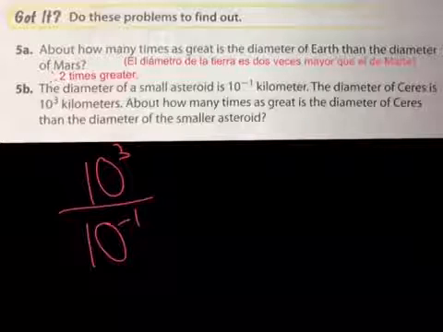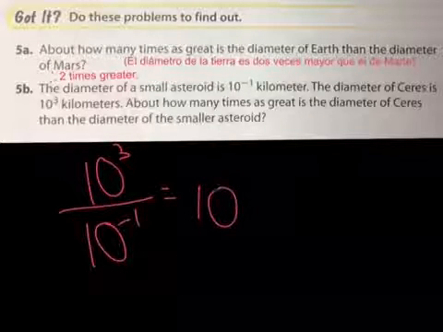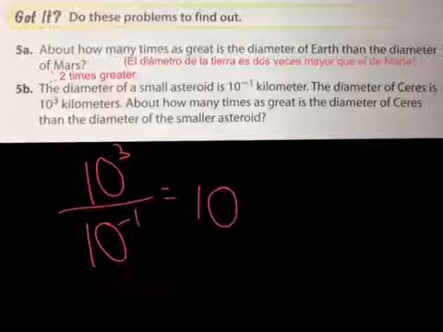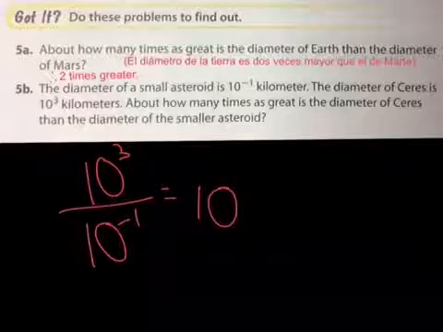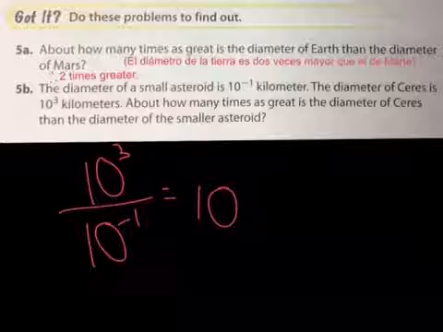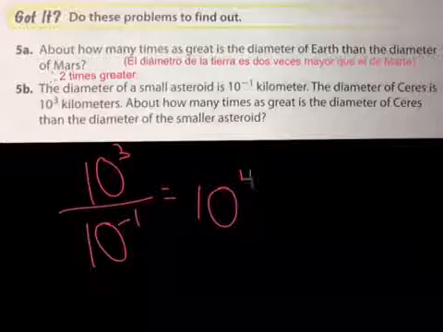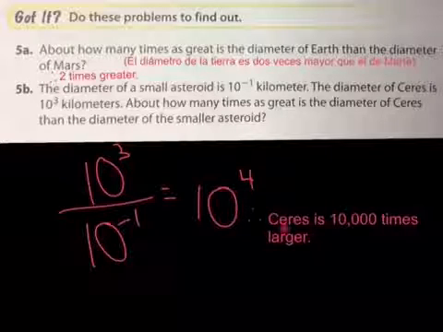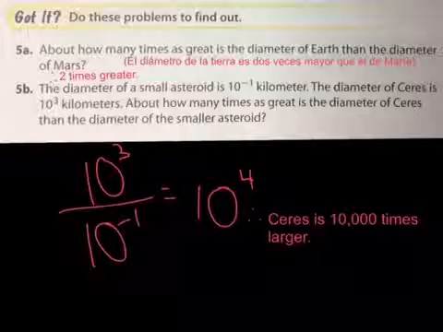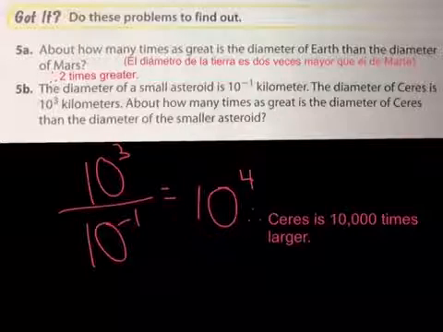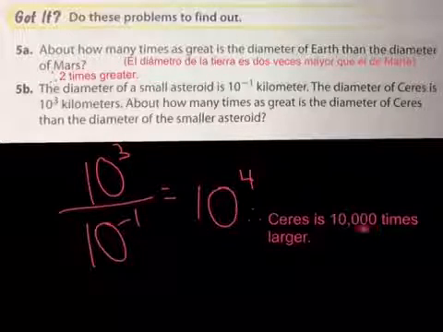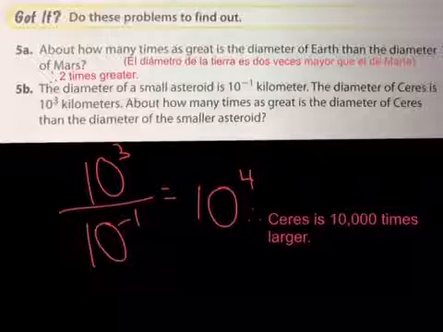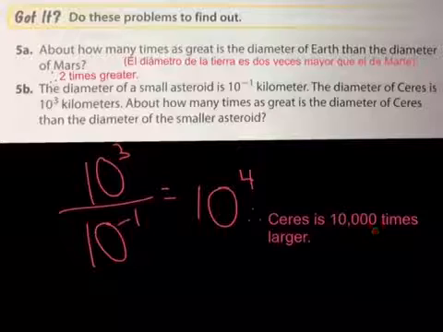Same thing, 10 is our base, and we're going to subtract a negative. So it's 3 minus negative 1. When you subtract a negative, you're actually adding 1. So it's going to be 10 to the power of 4. Therefore, Ceres is 10,000 times larger. Notice that I took my 10 to the power of 4 and converted it into a natural number, 10,000. 10 to the power of 4 means it has 4 zeros, 1, 2, 3, 4.